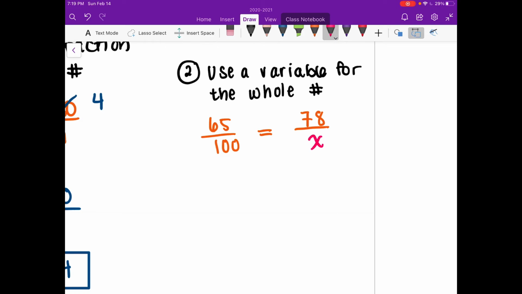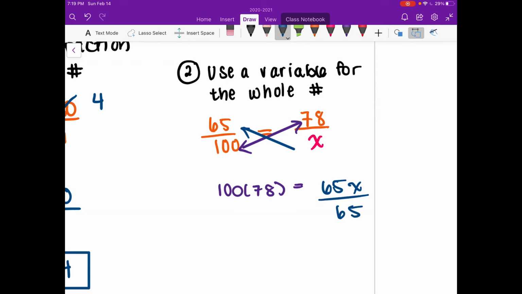So what I can do here is I can just cross multiply. So I can do 100 times 78 is equal to 65 times x, 65x, and if I want to get the x by itself, I'm just going to divide both sides by 65, right?